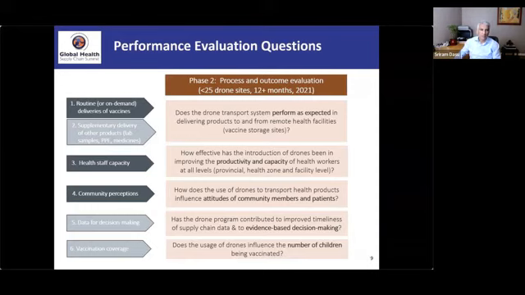Other key questions surround how drones have contributed to the productivity and capacity of health workers and the satisfaction of the local community, and whether the drone influences health-seeking behavior. The evaluation results will help the DRC to improve drone scale-up in remote areas.